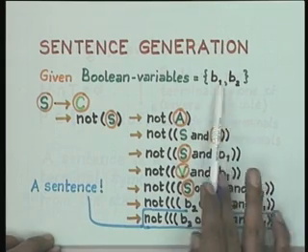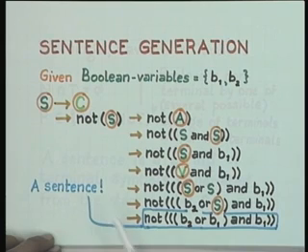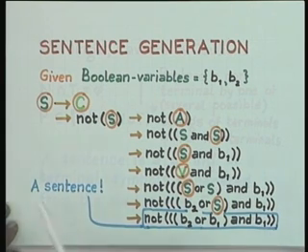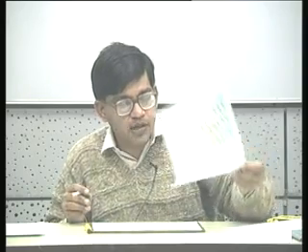Let us assume that there are only 2 Boolean variables B1 and B2, and I proceed in this fashion, and lastly I get a complete sentence of the language which consists of only the terminal symbols, and this is a sentence of the language generated by this grammar.